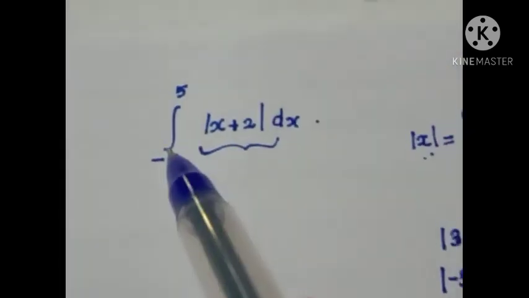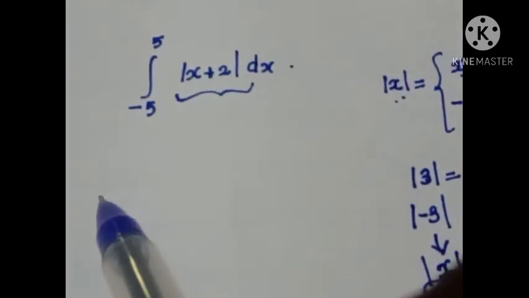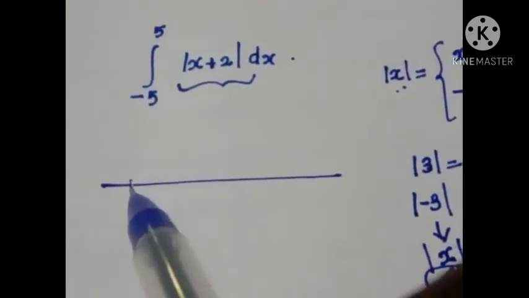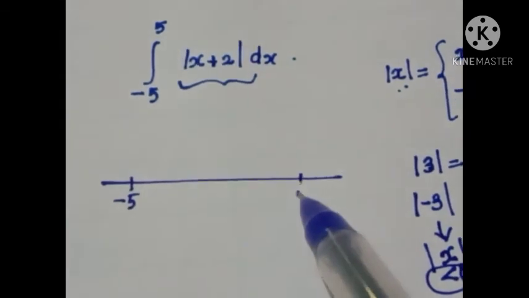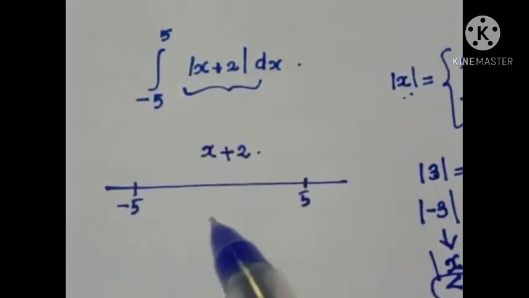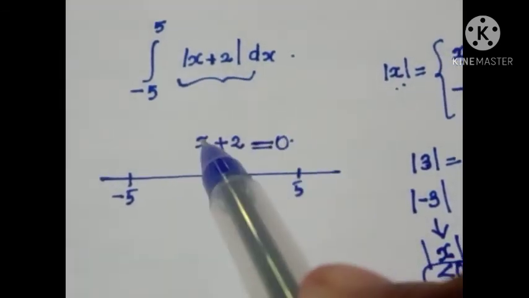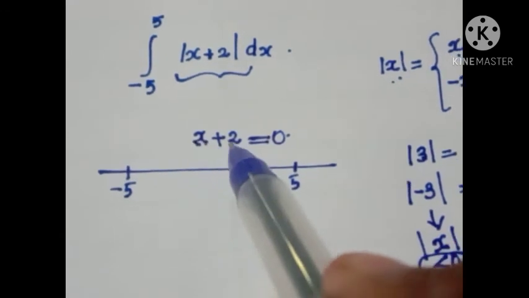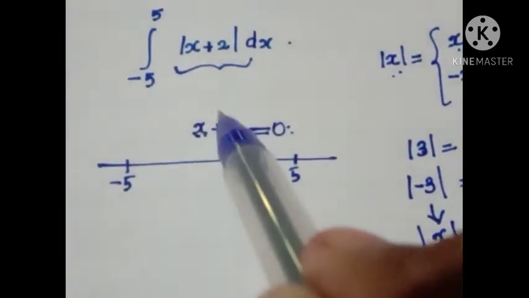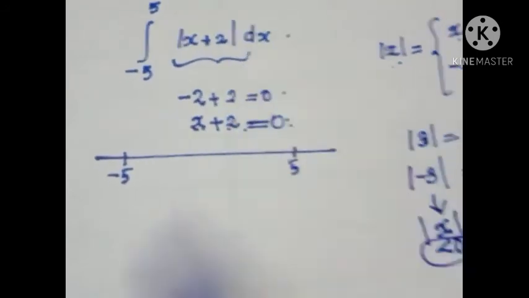Let's see the limits, minus 5 to 5. If we draw a real line from minus 5 to 5, the given function is x plus 2. For what value of x does x plus 2 become 0? Yes, when x equals minus 2, this is equal to 0.